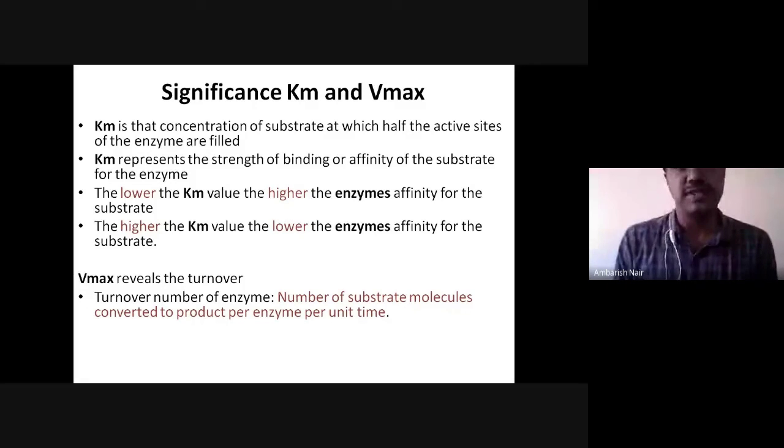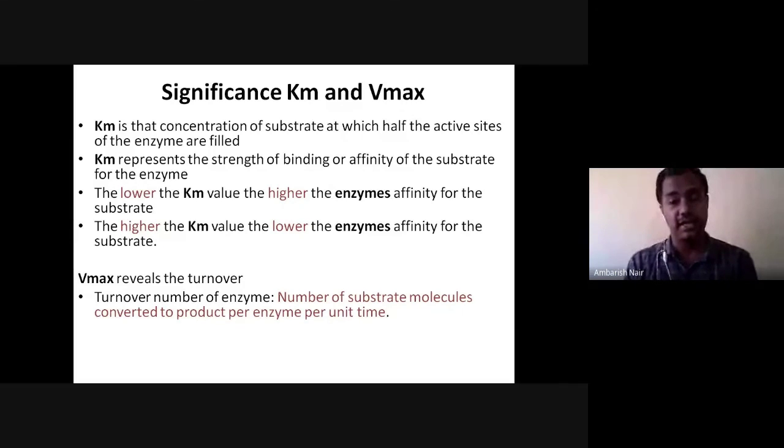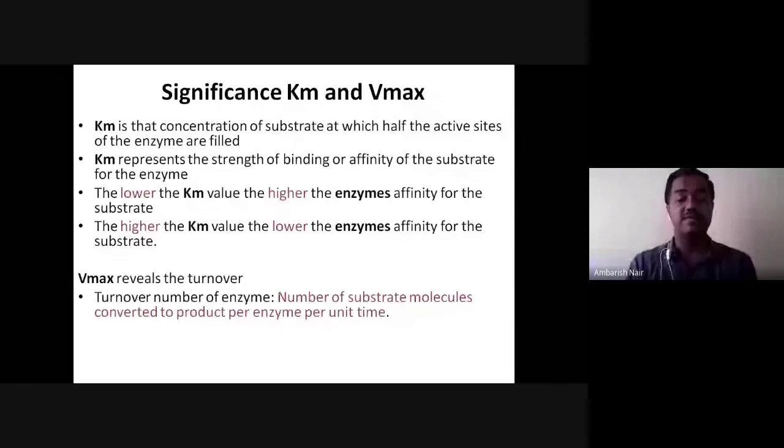So what does Km really represent? Km represents the binding affinity of the substrate for the enzyme. That means Km tells how strongly enzyme and substrate are interacting, whether they are interacting very strongly or very weakly. If they are interacting strongly, it can form a better product in less time. If they are interacting weakly, it forms less product in more time.